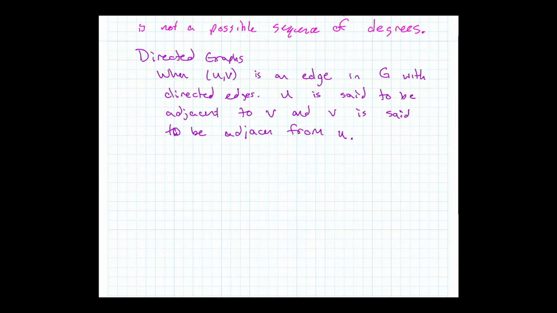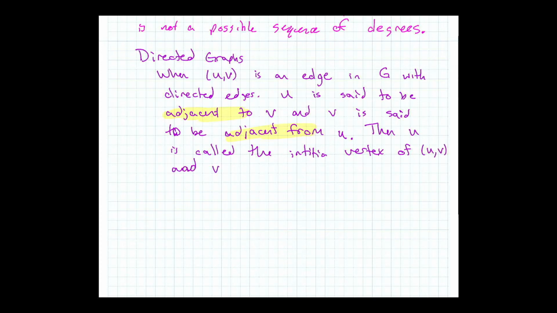So you can see what they're doing, right? Adjacent to and adjacent from. So the idea is, the edge goes from one vertex to another vertex. So there you go. Adjacent from U. So U is called the initial vertex of UV.